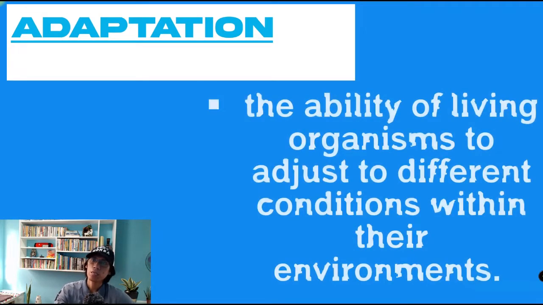Another definition says ability to adjust to different conditions within their environments. How is that? Because environmental changes are part of the natural cycle. And so if an organism is to survive, it has to be able to adjust to these environmental changes.